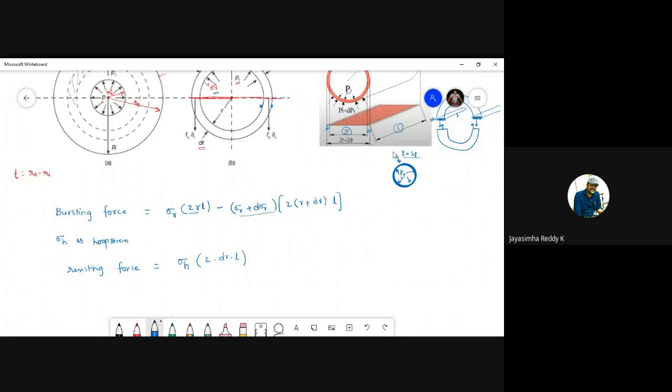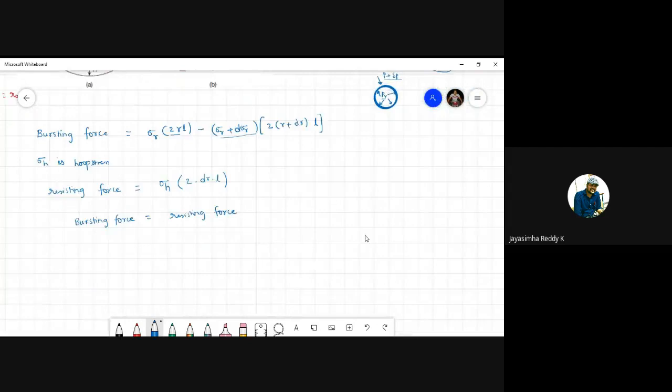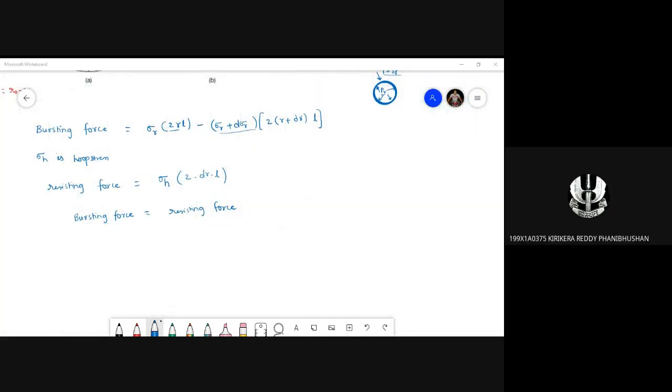Students, please concentrate, and if you have any doubts, please let me know. Bursting force can be equated to resisting force as the body is in equilibrium. Students, is everything okay? Shall we move forward? Yes, sir.